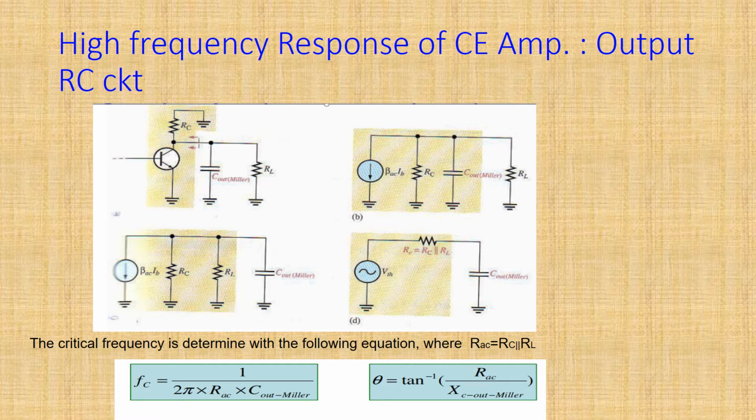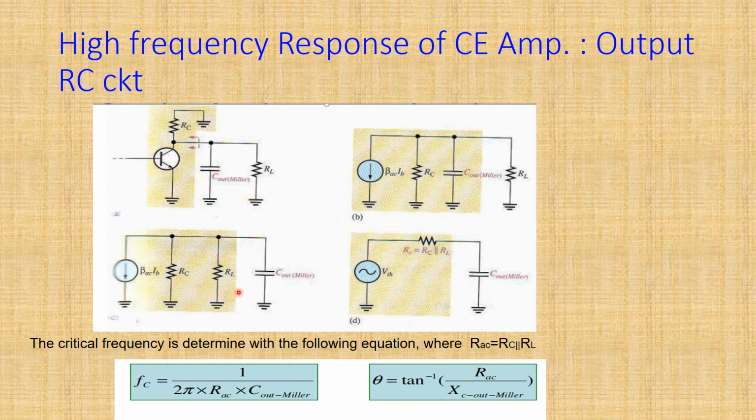Next, second step: the high frequency response of the CE amplifier at the output RC circuit. This is your output circuit, which is a combination of C out given by Miller and the load resistance, and here the DC is shorted. Now this circuit is ready for AC analysis.